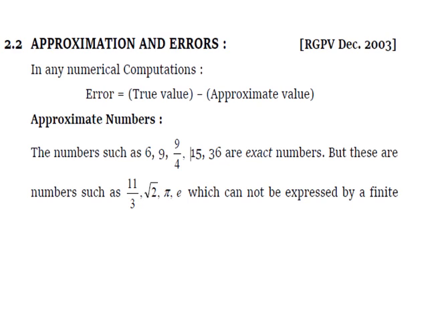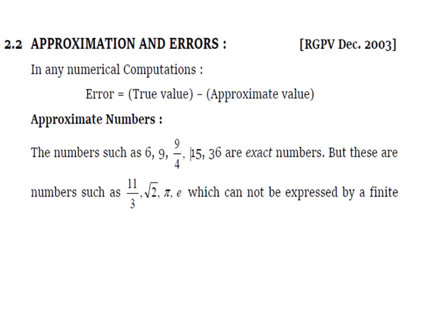Error is simply this: if we have a number, and we have the exact value of the number and an approximate value of the number, then the difference between this true value and the approximate value is what we call an error. Now your question will be, what is meant by approximate value? We have numbers like 6, 9, 9 by 4, 15, 30. These are called exact numbers.